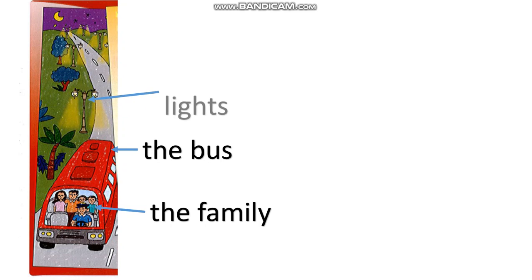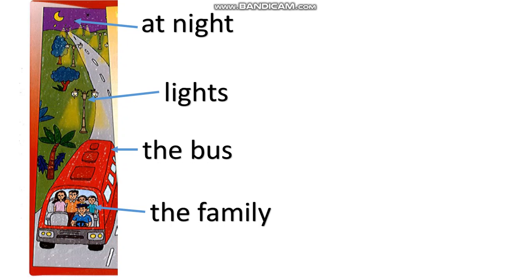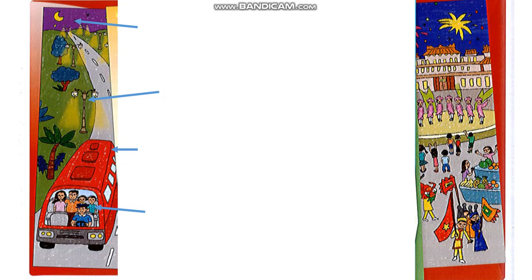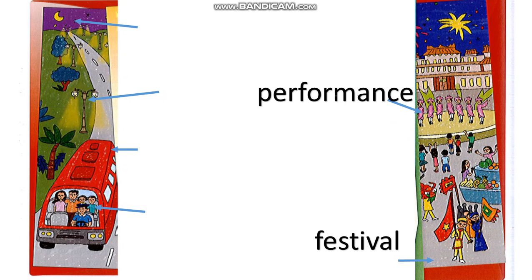Can you see the lights and the moon? Yeah, it means at night. And the pictures on your right hand, it is a vegetable because I can see a performance and firework. I think it is maybe vegetable.